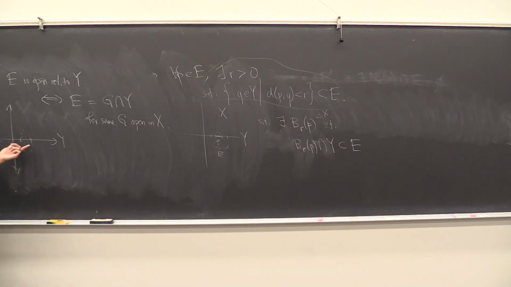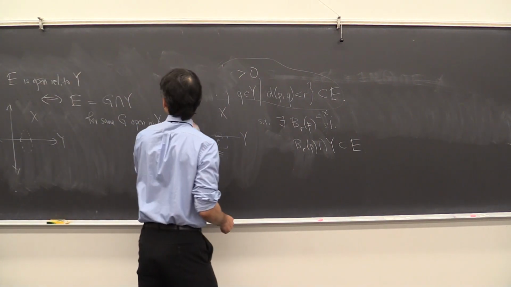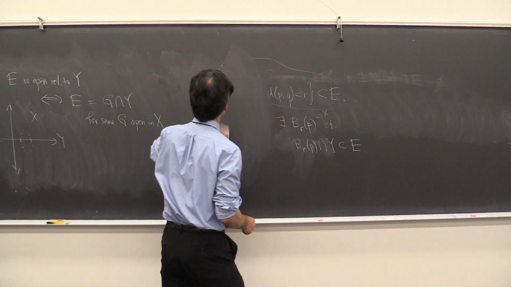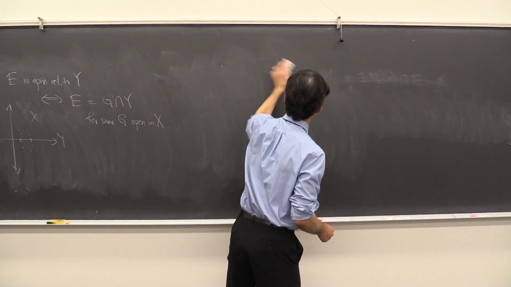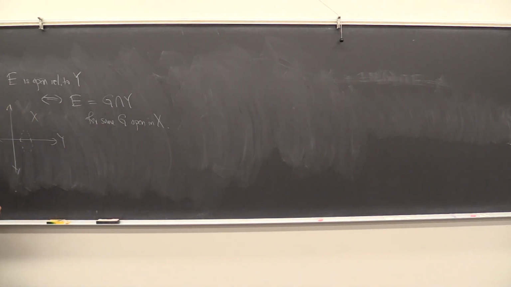It must be the intersection of somebody with the internal space. Is the statement clear? What do you think about this? Does that seem reasonable?